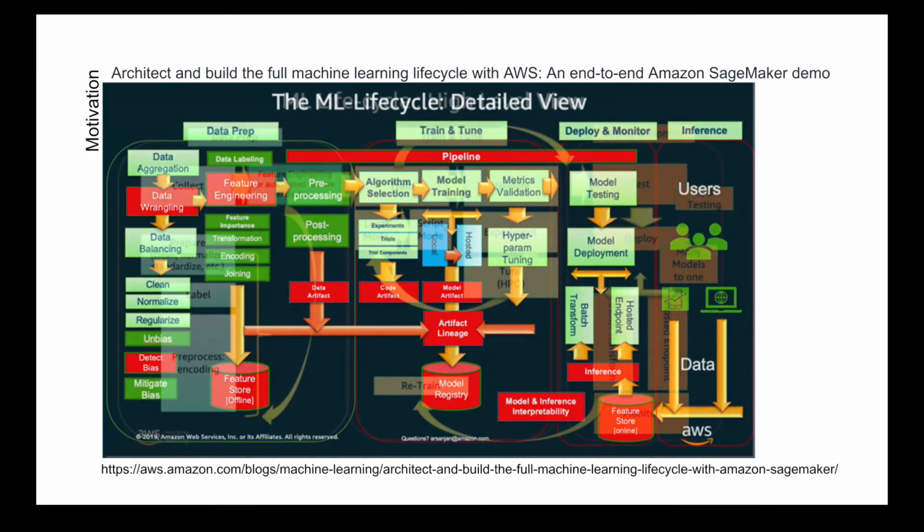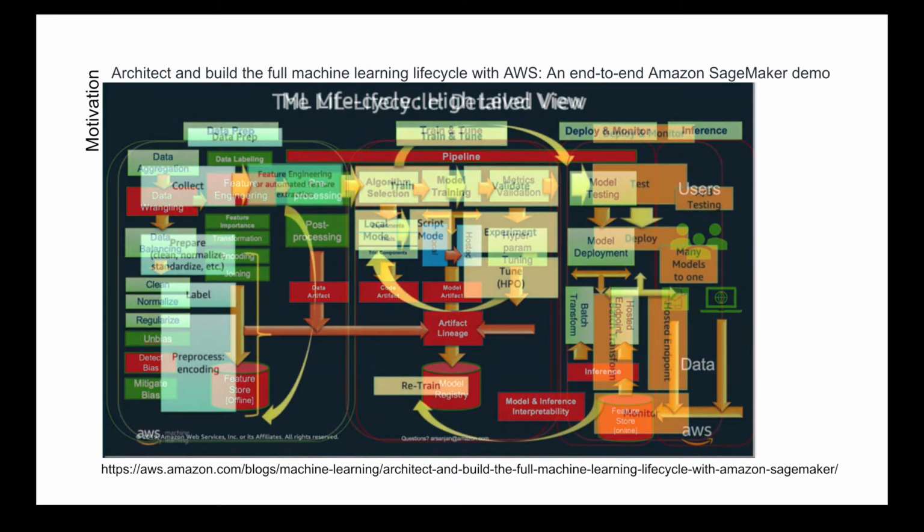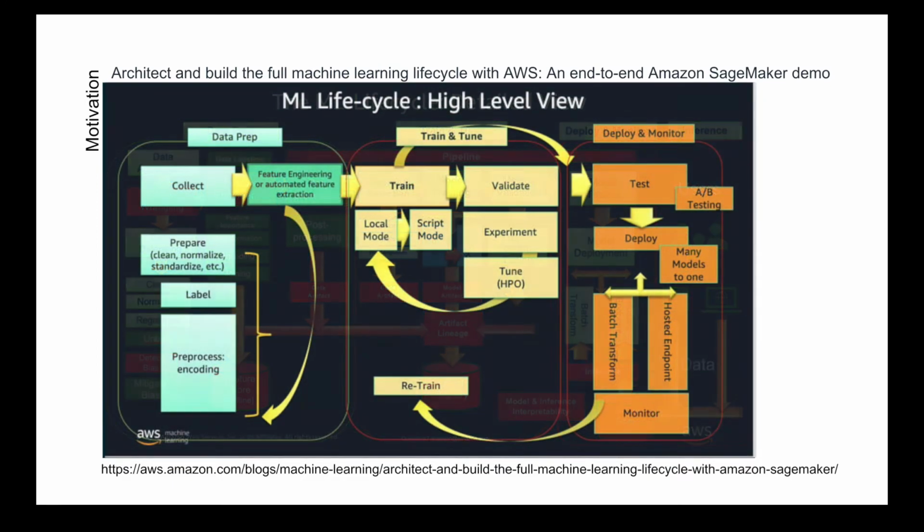This tutorial is motivated by this article from Amazon AWS. This article was focused mainly on Amazon AWS machine learning services and the architecture of a machine learning pipeline created using Amazon SageMaker. I like the image, I like the whole detailed machine learning lifecycle view created by the author.